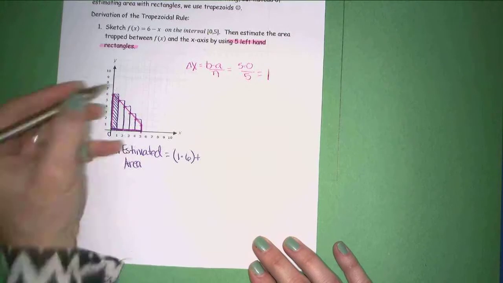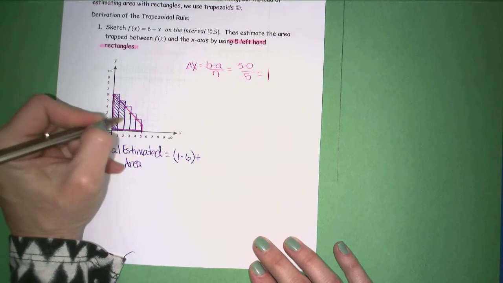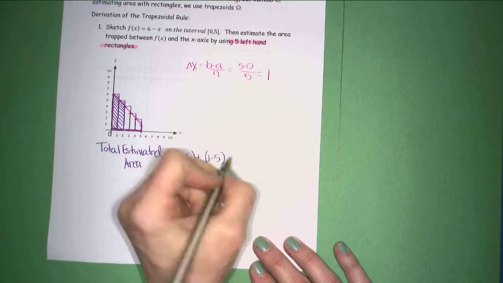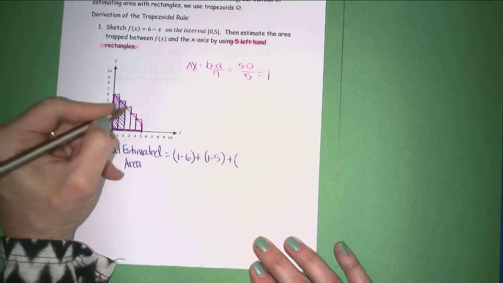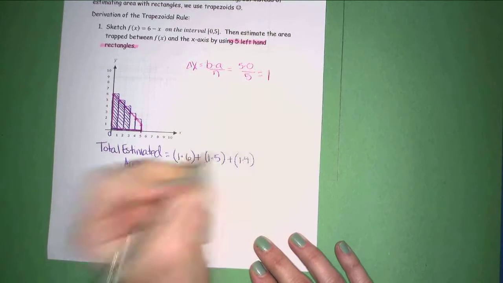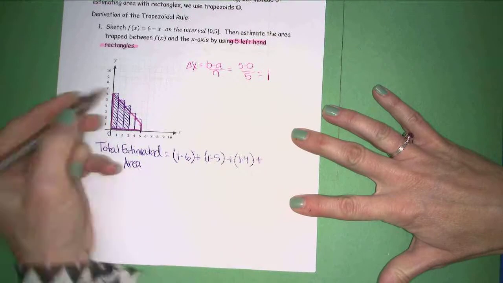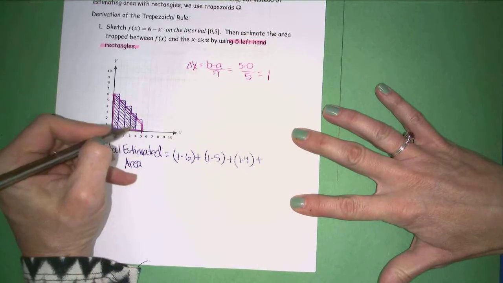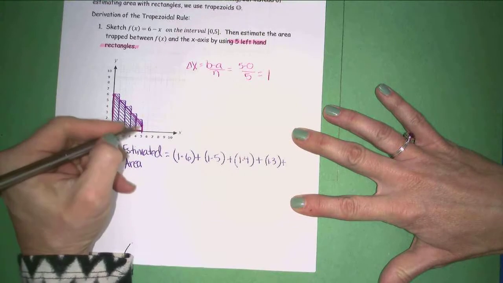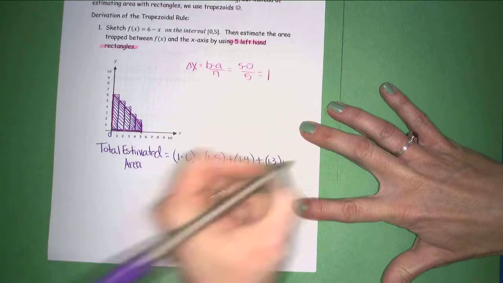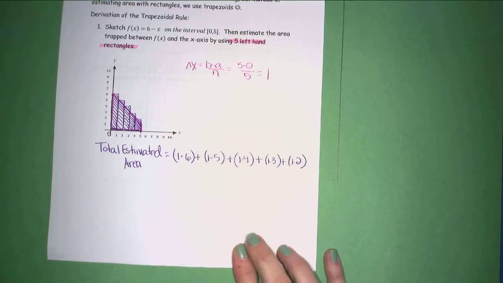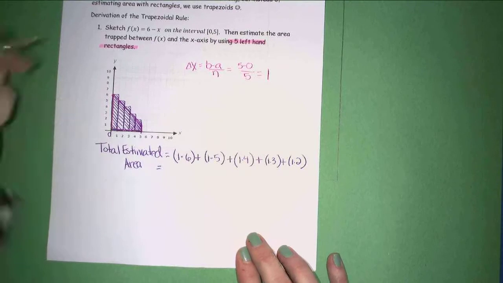To that, I'm adding the area of the next rectangle, which is a 1 by 5. To that, I'm adding the next rectangle, which is a 1 by 4. And the next one, 1 by 3. And eventually here, the last one, 1 by 2. Pretty simple.